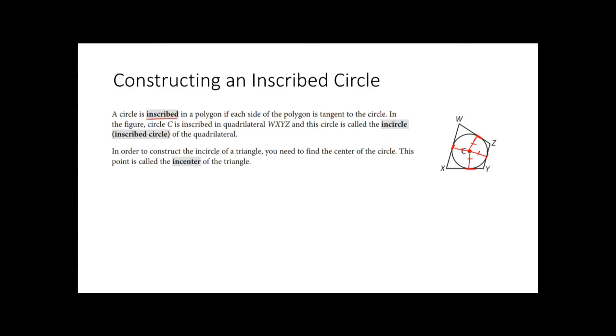So in order to construct the inner circle of a triangle, you need to find the center of the circle. And I want to teach you how to do that with angle bisectors. This is also called the incenter of the triangle. So the center of the circle is also known as the incenter. So just be aware of the duality of words in case you see that in the homework or a test or your CASP, who knows.